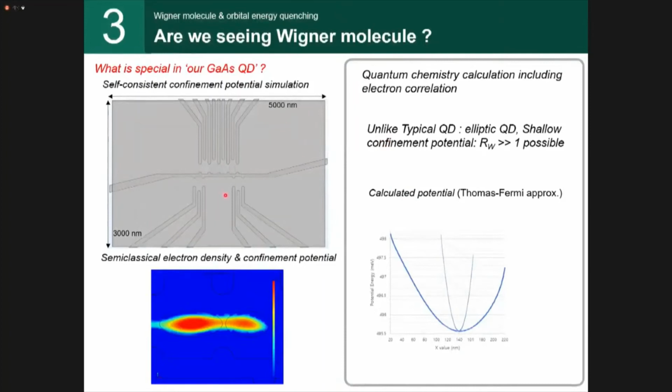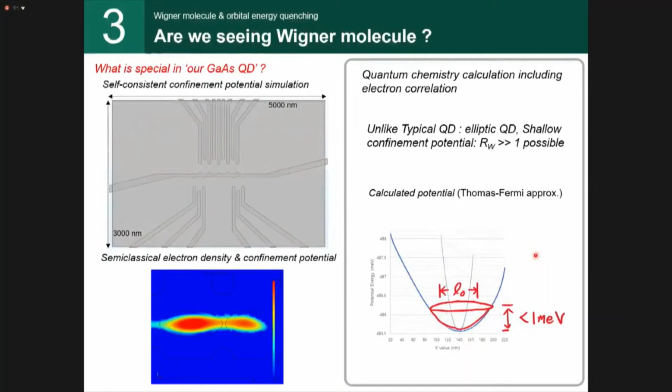What we find is that, contrary to our expectation, the dot forms very elliptically inside the gate geometry. We have checked with electrostatic simulation that our quantum dot has a very elongated size, as well as a very shallow quantum confinement potential.